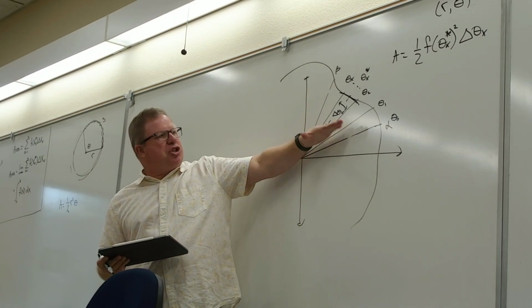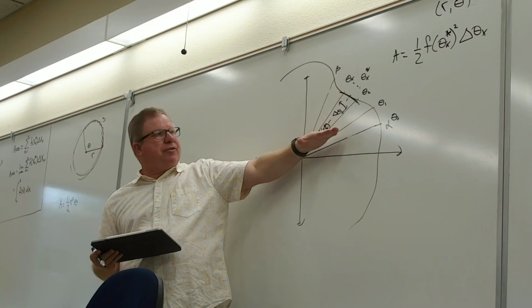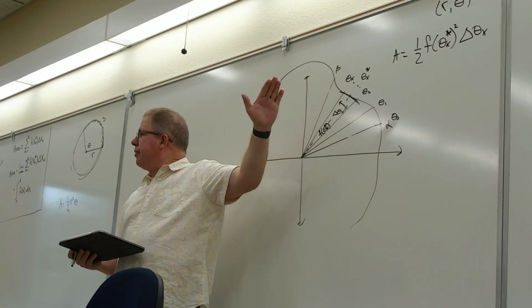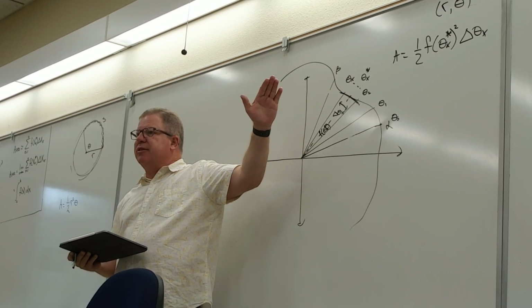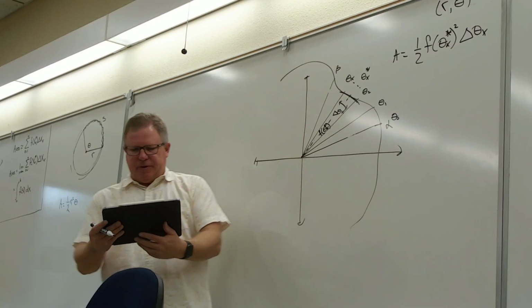Now, that gives us the area of this sector. If you do that for each one of these and add them up, you have an approximation for the area here. Do you guys see that? That gives us an approximation.